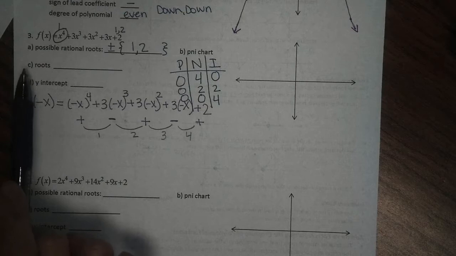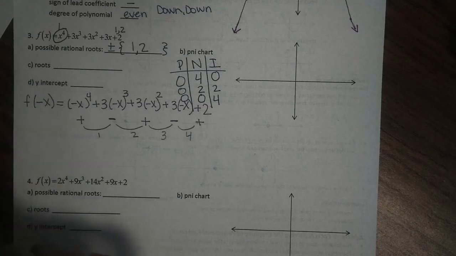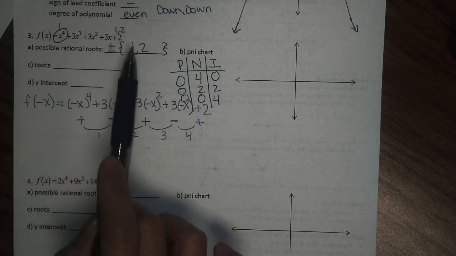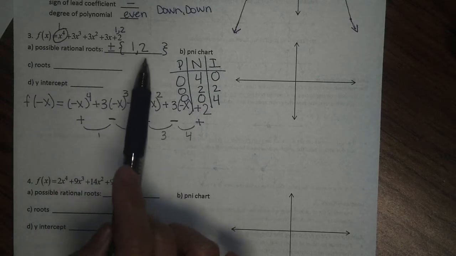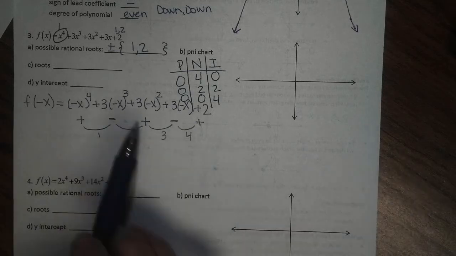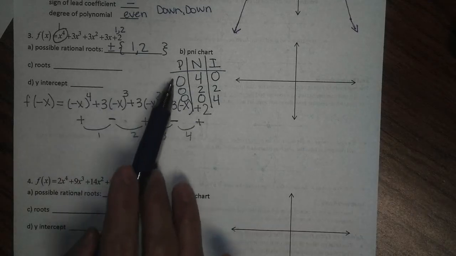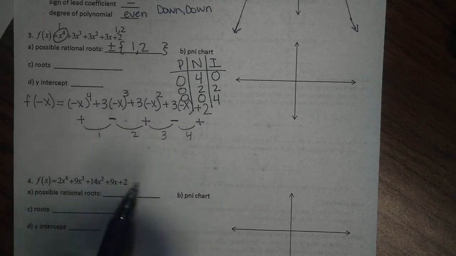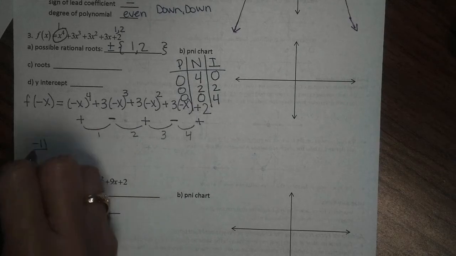The way you actually find the roots is what I taught you probably last week. You need to synthetically divide your polynomial by the possible rational roots until you find some roots. Remember, the polynomial has 0 positive roots, so do not divide by positive 1. Instead, divide by negative 1.